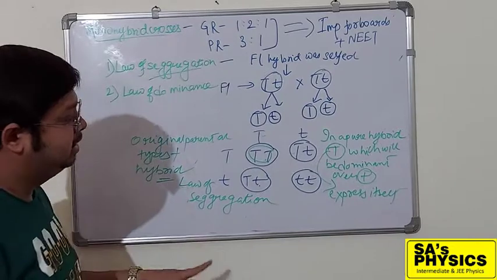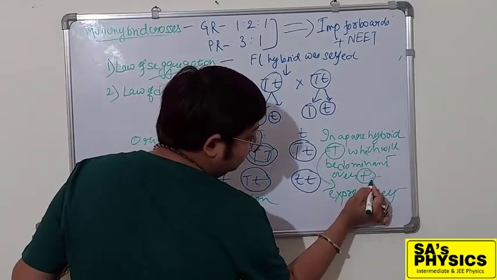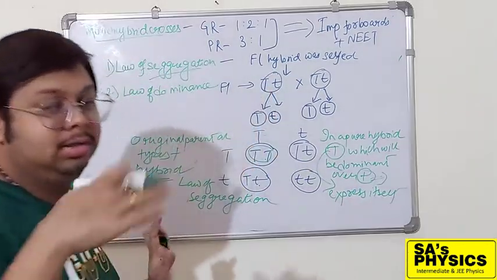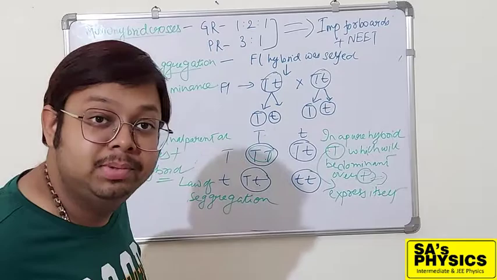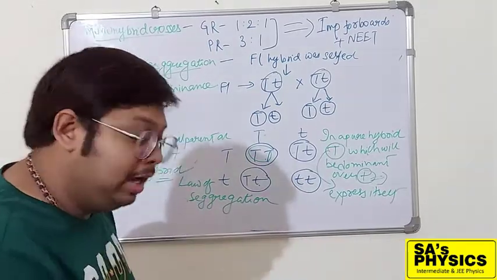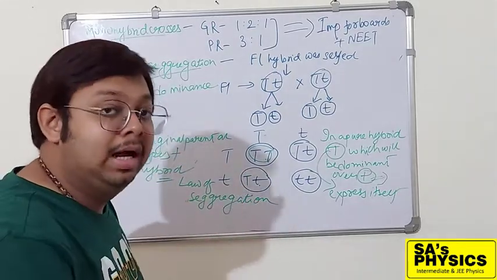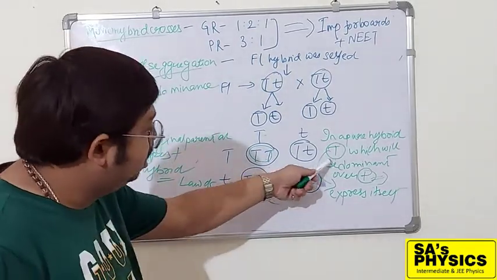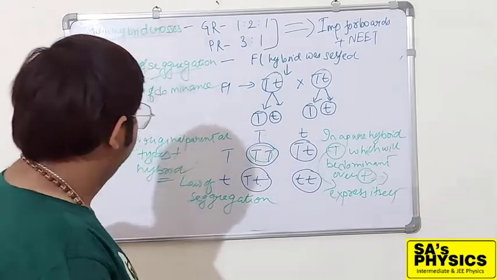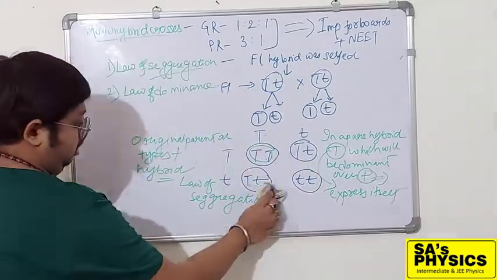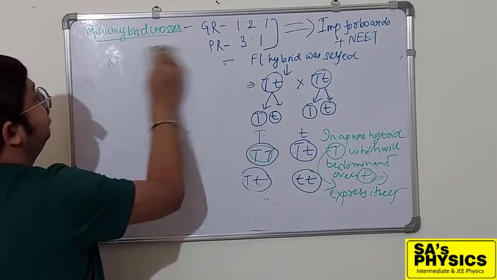So law of dominance, you can say it in reverse as well, that a recessive factor cannot express itself in presence of a dominant factor. Whenever a dominant factor is present in the genotype, the dominant factor will express itself and we get a phenotype that is correlated with the dominant allele or factor. Okay.